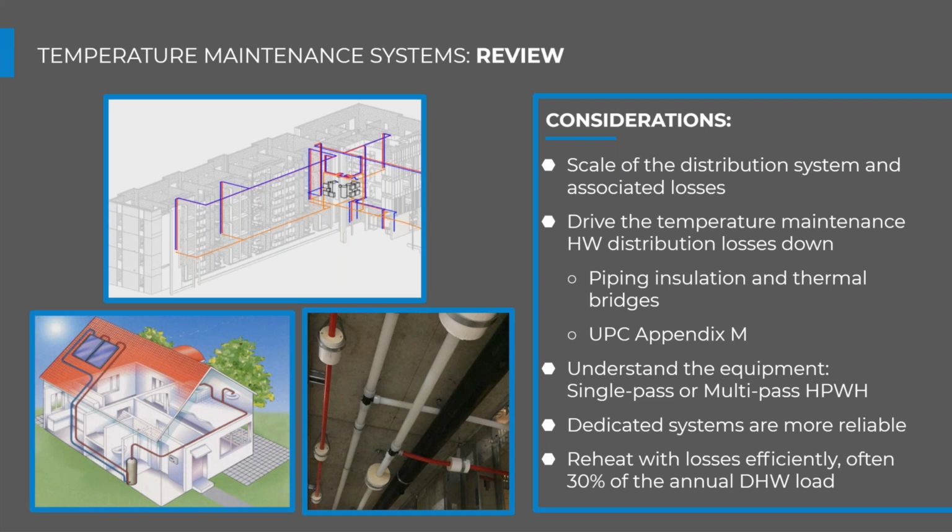Then, if we can, utilize the UPC Appendix M for sizing those distribution pipings, more accurately and appropriately sizing them for these fixtures and the occupancies we see in these buildings. And then understand what type of equipment you're working with and its limitations. Reach out to your manufacturer or your representatives.